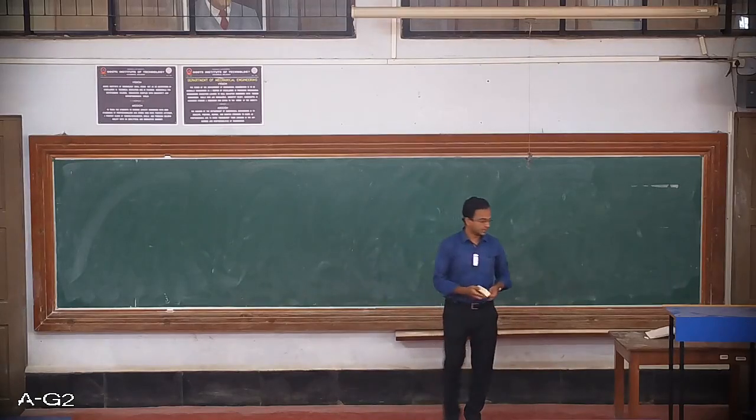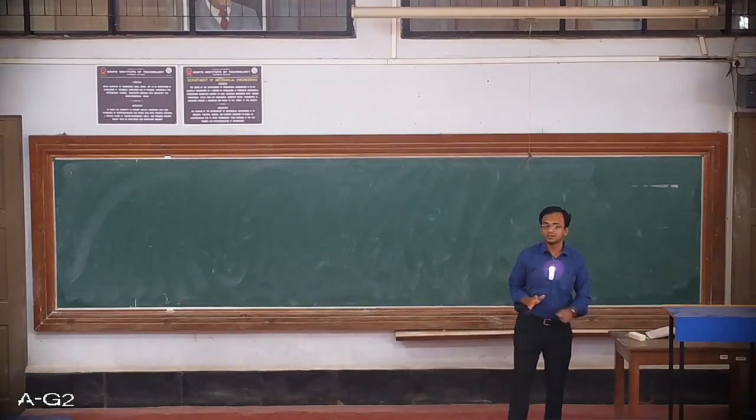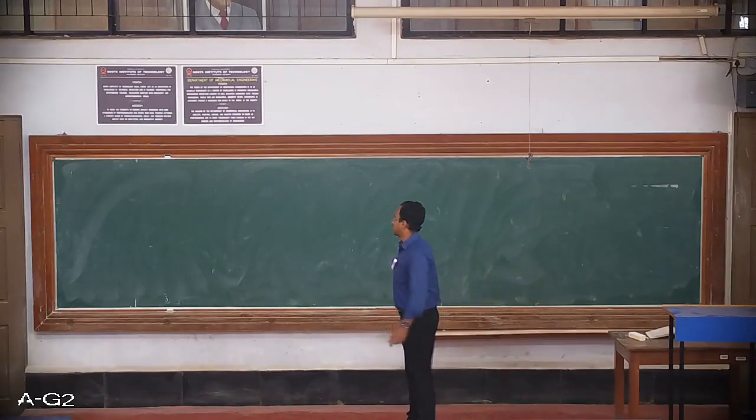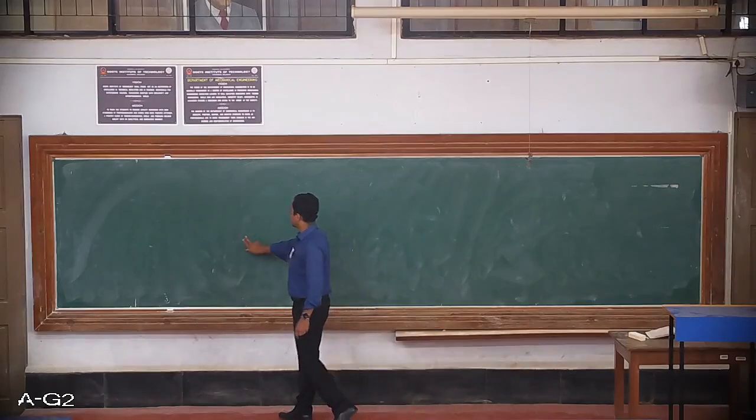Now let me summarize this entire chapter for you. That means in terms of the types of problem or the types of CAM profile constructions that you are going to get.